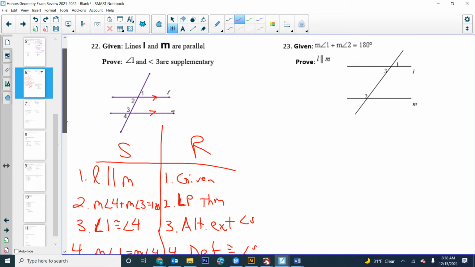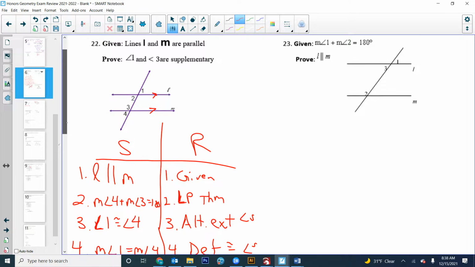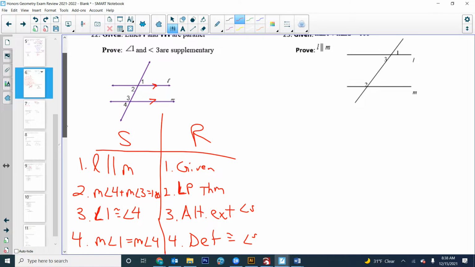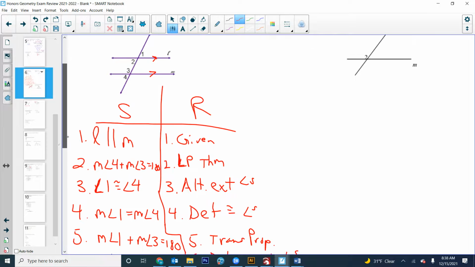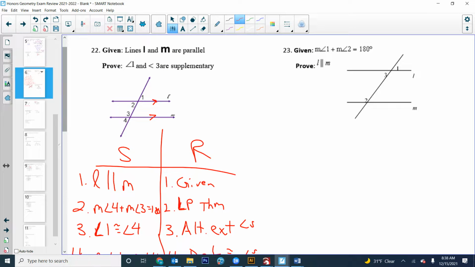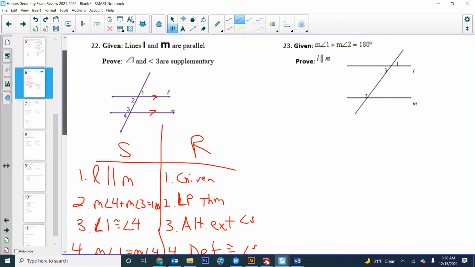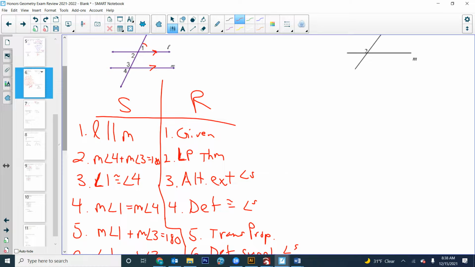22. Do we want to talk about 22 or are we okay? Mrs. Wolf solved it one way on the key. Someone else in sixth period did it a different way. I think Mrs. Wolf did consecutive interior and linear pair and then did a substitution. I had a sixth period student ask, can I do vertical angles and a linear pair theorem, and then alternate exterior as well?